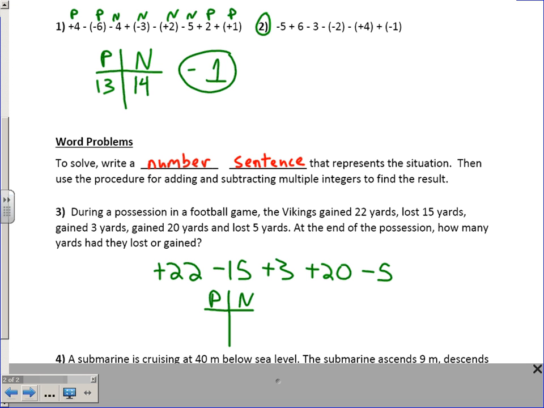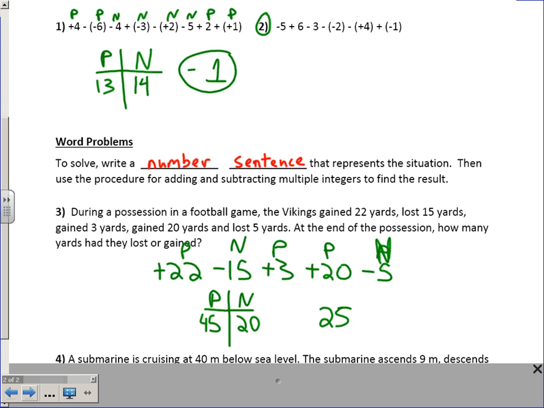Positives are 22, so if you want to, you can do this like we did here. Oh, that's negative. So our positives are 25 plus 20, which is 45. And then 20 is negative. So that means, well, we're going to first subtract, find the difference. So 25, and it's a positive 25.